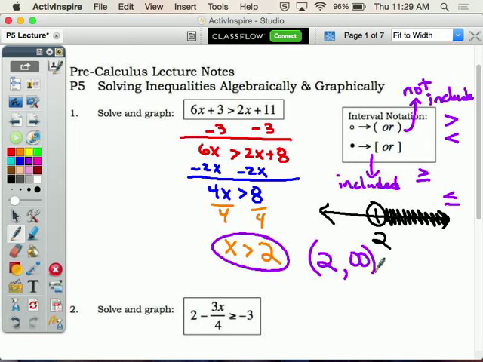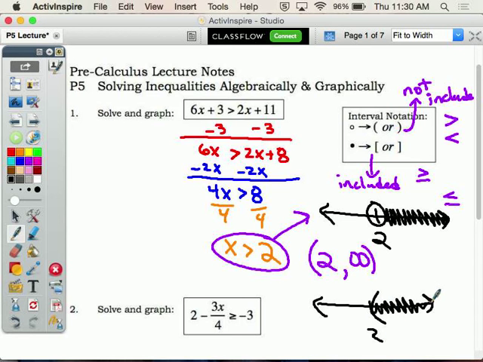Okay, so the orange is the traditional way. The purple is the new way. The black was the traditional way of graphing it, so that was this technique. If I were to graph the purple one using the new way, I would do it like this. I would have a number line. I would put the number 2. I would put a parentheses, and then I would shade.